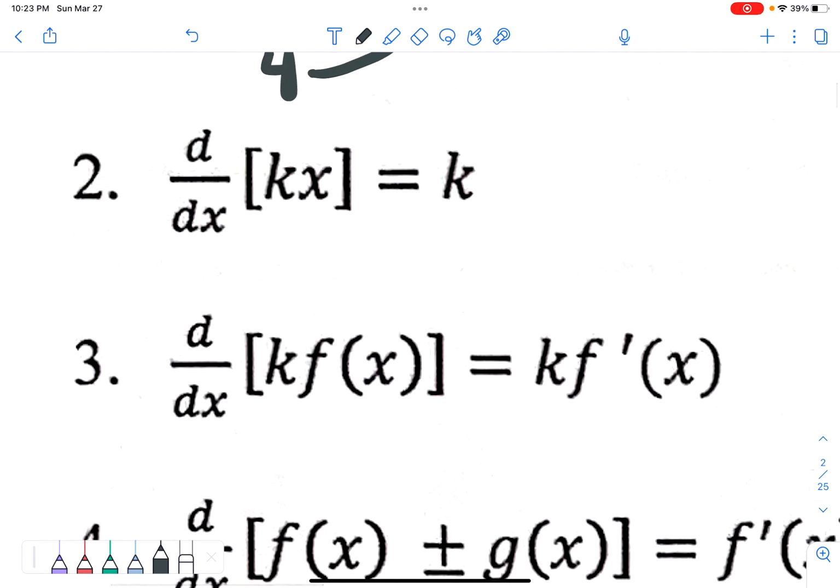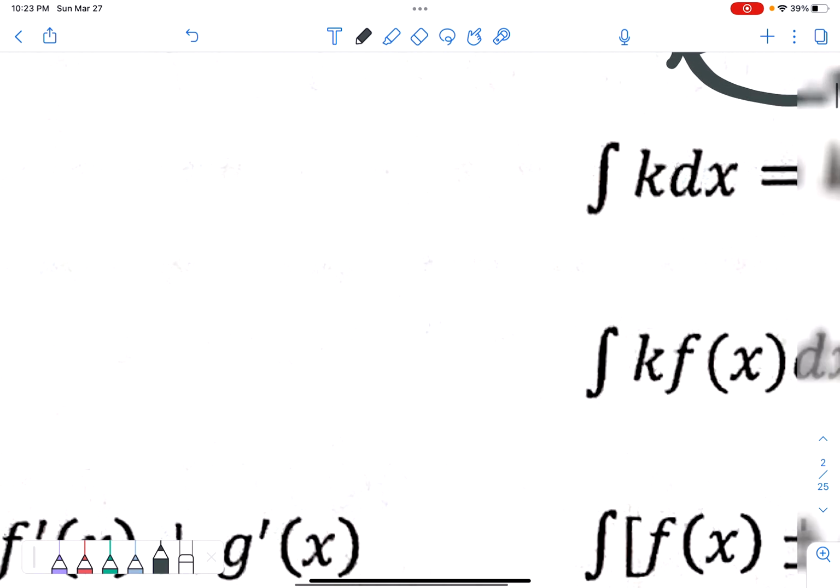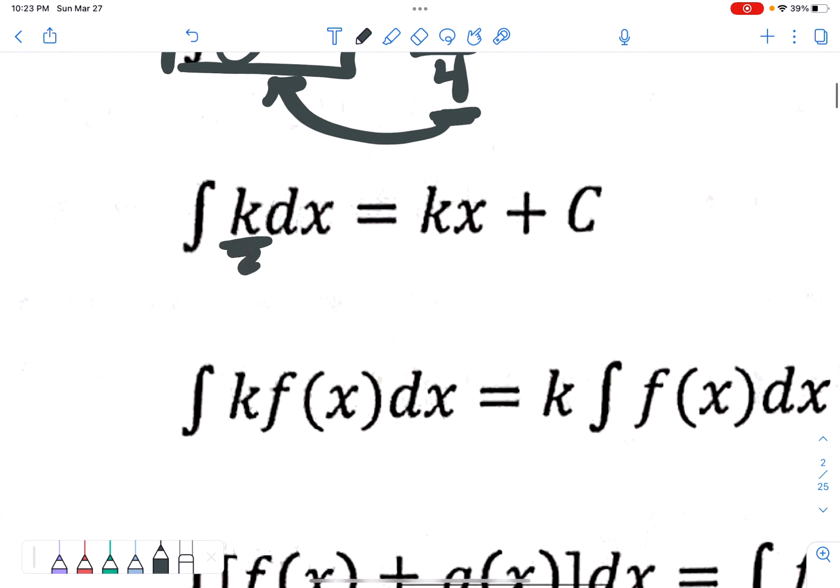Okay, down here, let's talk about this. This is saying k times x. I'm going to use the example of 3 times x. And they're saying, what is the derivative of 3x? It's just that 3 in front, right? It's just the k that's in front. So 3x, its derivative is 3. So if I'm taking the antiderivative of that 3, what do I take the derivative of to get just 3?